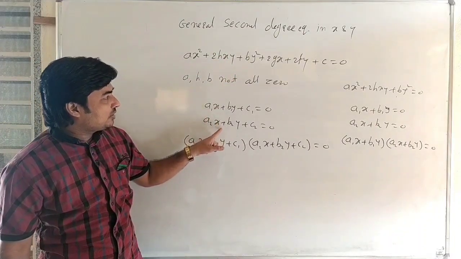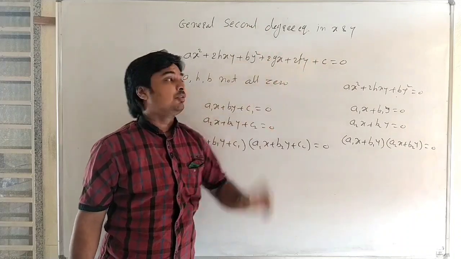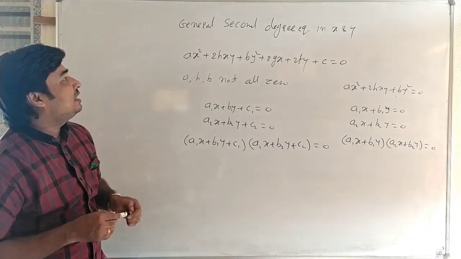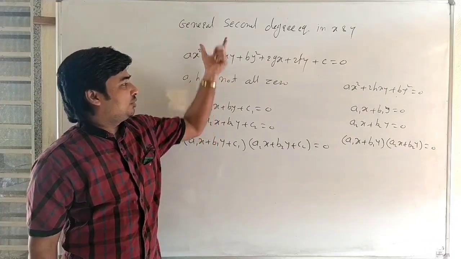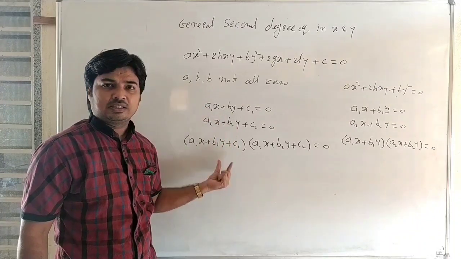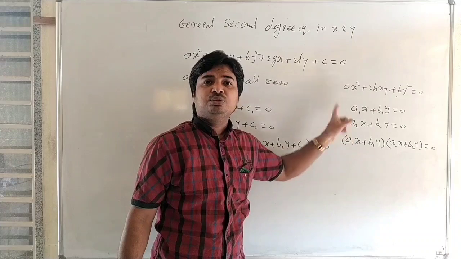When these lines are passing through origin, then the second degree equation is a homogeneous second degree equation. Now we see the examples on the general second degree equation, the combined equation of any two lines. We have already seen the combined equation of lines passing through origin.